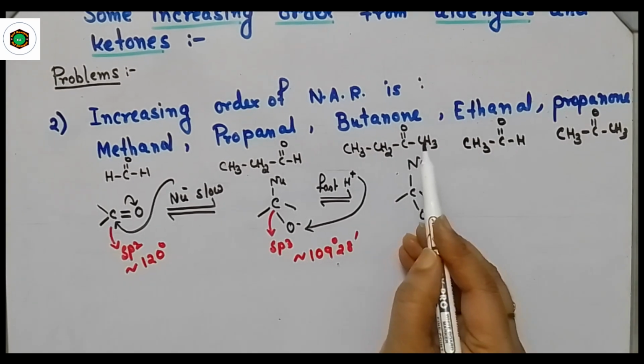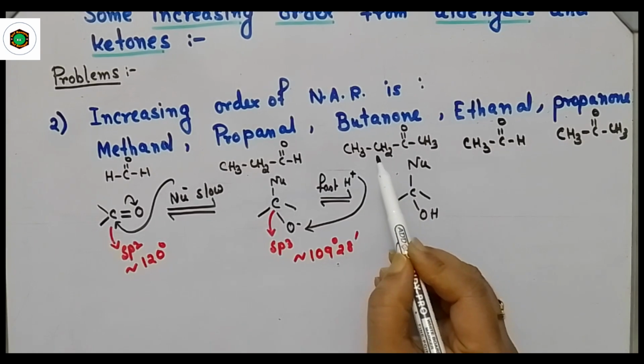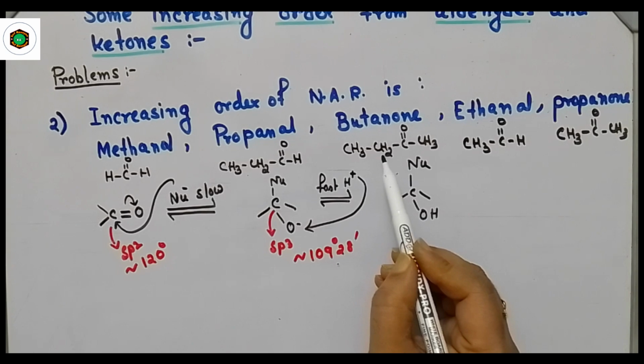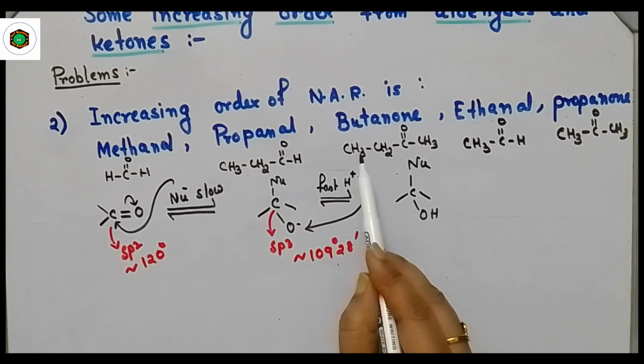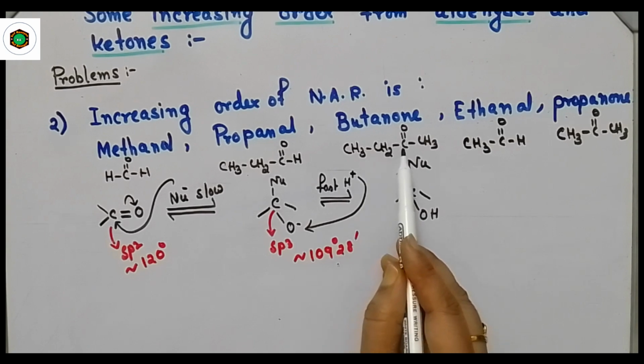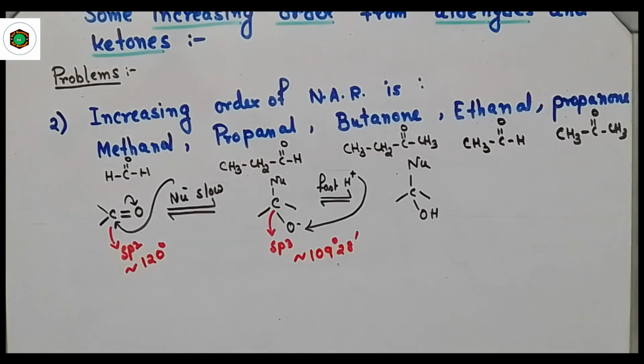Now see, in the butanone, plus I effect of CH3 and C2H5 both are present, and plus I effect of CH3CH2 is more than CH3. So rate of reaction will be slower for this than this, because here two methyl groups are there.